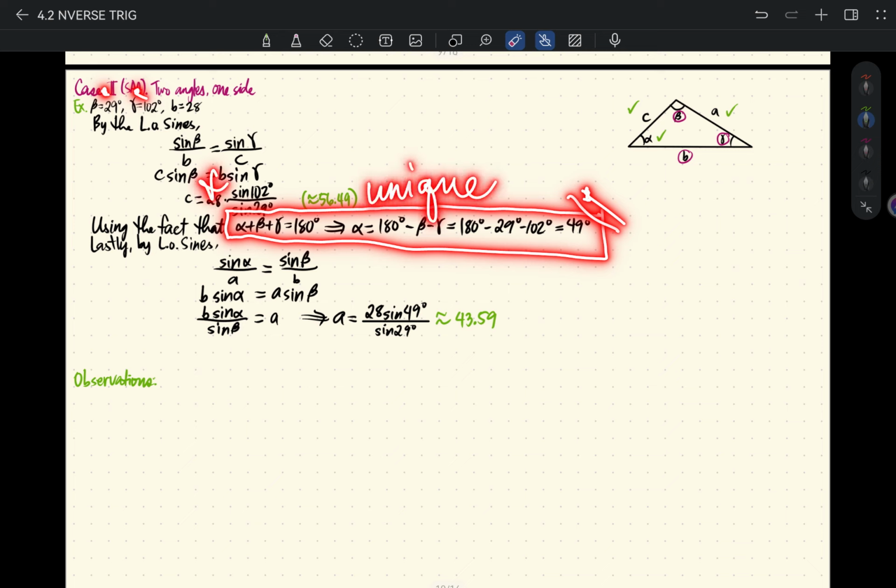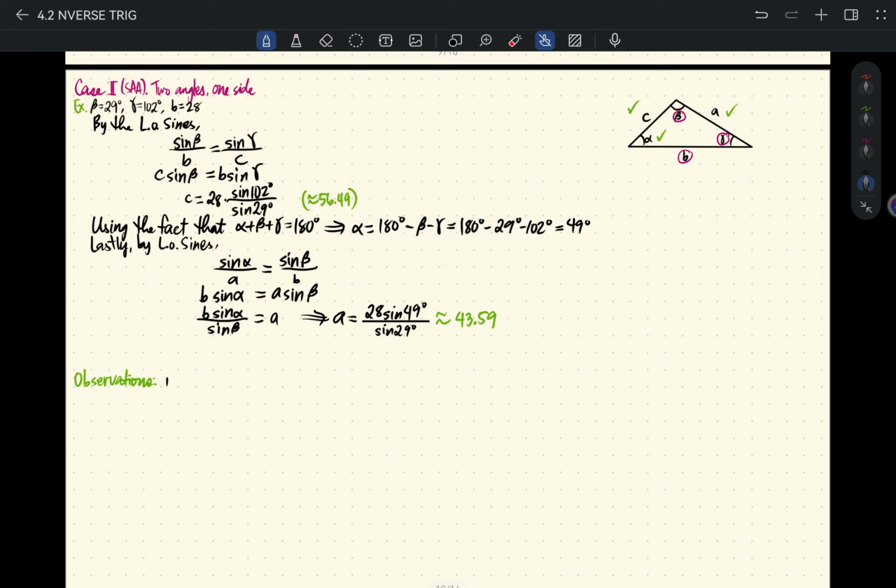So the third angle is unique. And so, what this actually says is that if a solution exists, then it is unique.